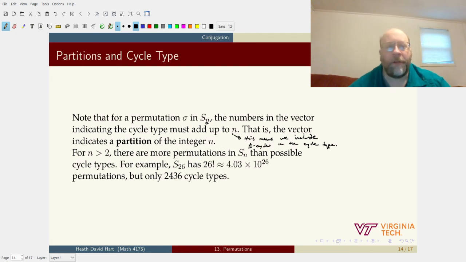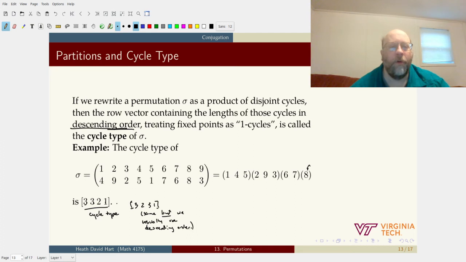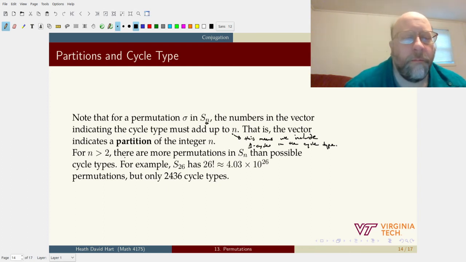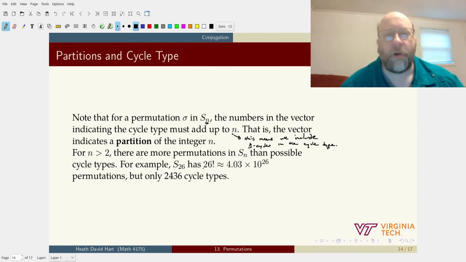Well, that makes a vector a partition of the integer n. So 3 plus 3 plus 2 plus 1 is just a partition of the number 9. There are more permutations than there are possible cycle types. So S26 has 26 factorial permutations, but it only has 2,436 cycle types.